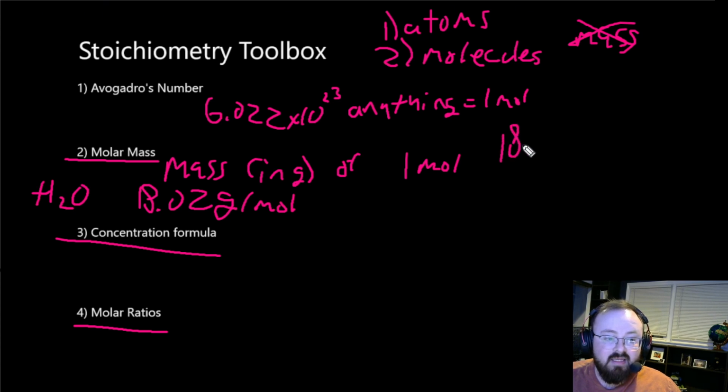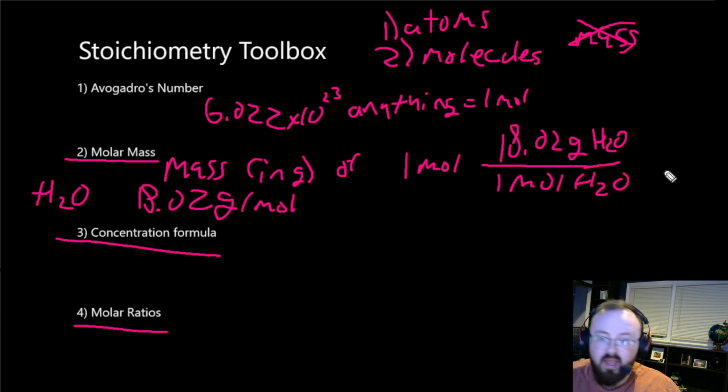If I have 18.02 grams of water, that is equal to 1 mole of water. And there's our conversion factor. And like any conversion factor, we can flip this depending on what we need to convert from and convert to.